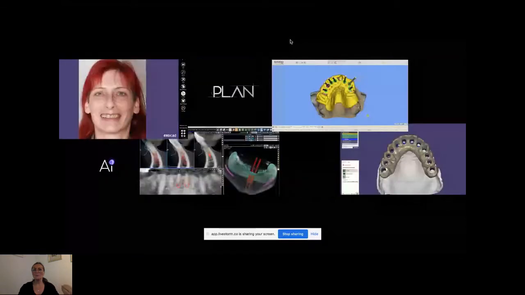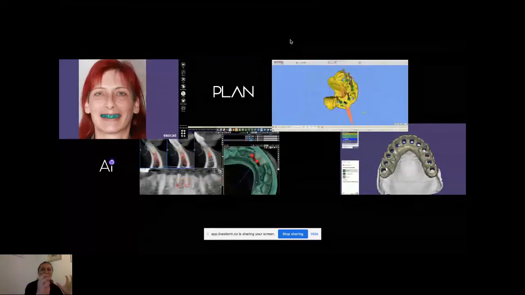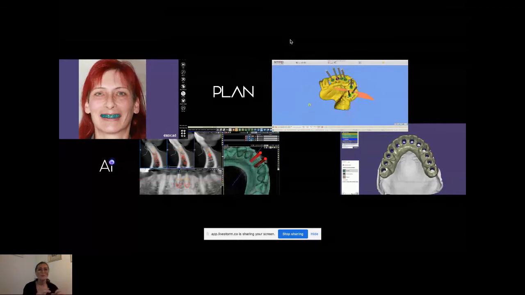Now, all these new parameters which we establish and which we visualize can be, of course, implemented in the planning procedure of the implants and of the future reconstructions, provisionally and finally.